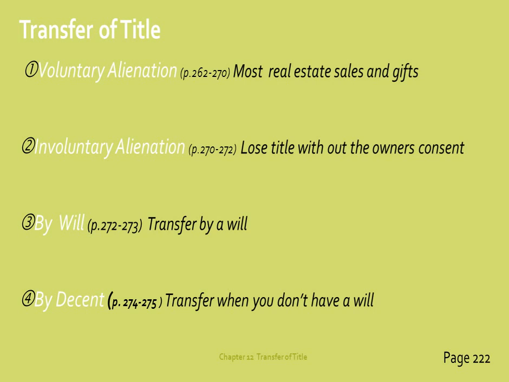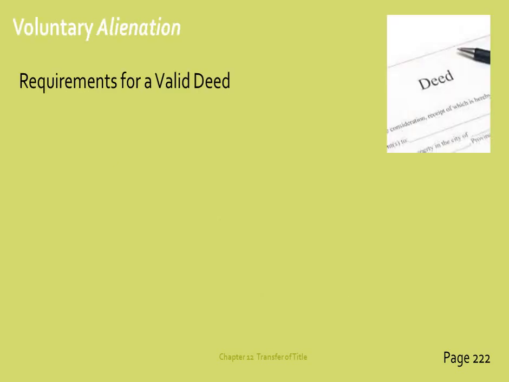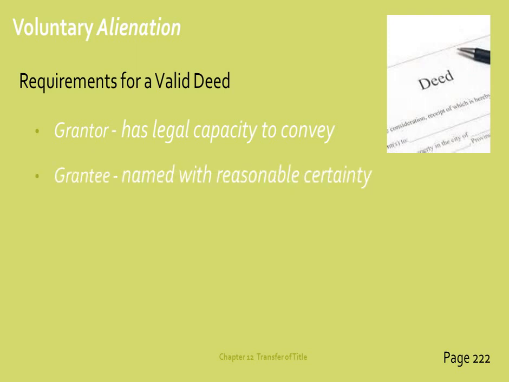So, starting with voluntary alienation, we're using a deed here to voluntarily convey from the grantor to the grantee. We have to have a grantor who has the legal capacity to convey. We have to have a grantee that we name on the deed. We have to have consideration. So, the seller of the property has to be getting something for their sale, usually something in terms of monetary worth.